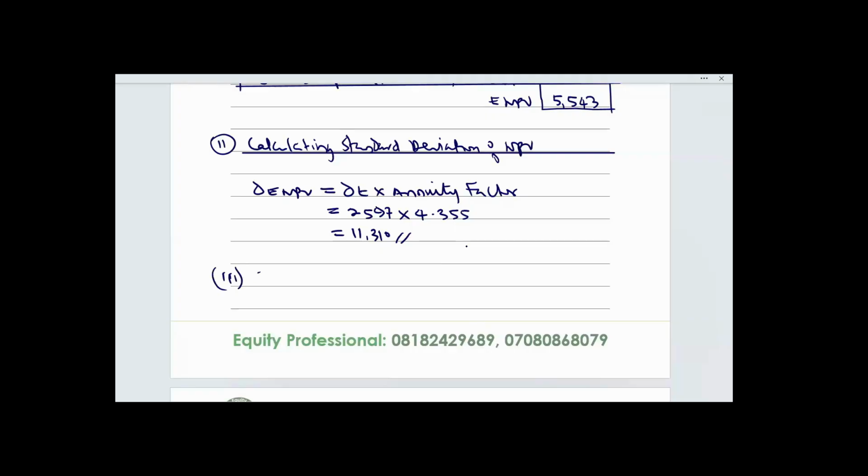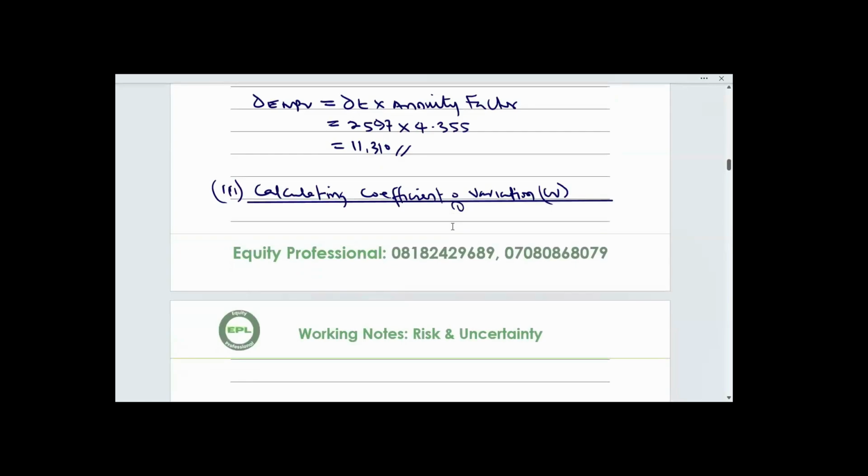Then number 3, you have to calculate coefficient of variation, CV. The formula to use will depend on the standard deviation that you have computed. In the question, we have calculated expected NPV. We also calculated standard deviation of NPV.